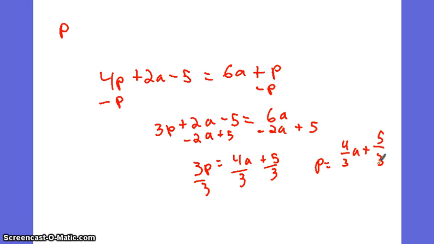So, in short, if an equation contains more than one variable and we are asked to solve the equation for one of those variables, our task is the same as what we've been doing. Our task is to isolate that variable that we are told to solve for.